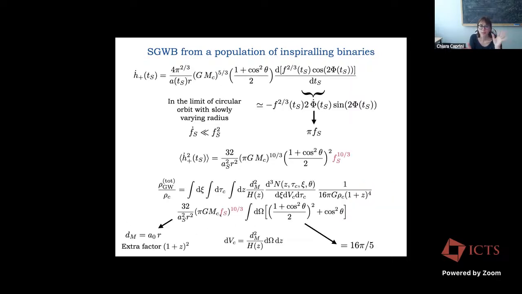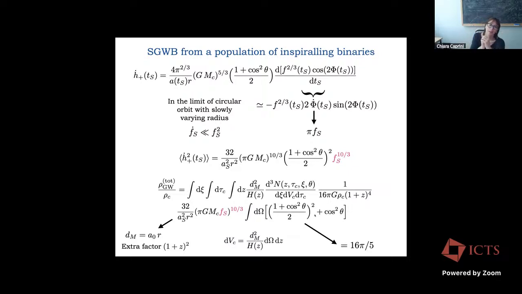And we drag along, well, that is the important bit, we drag along our chirp mass times Fs to the 10 thirds.